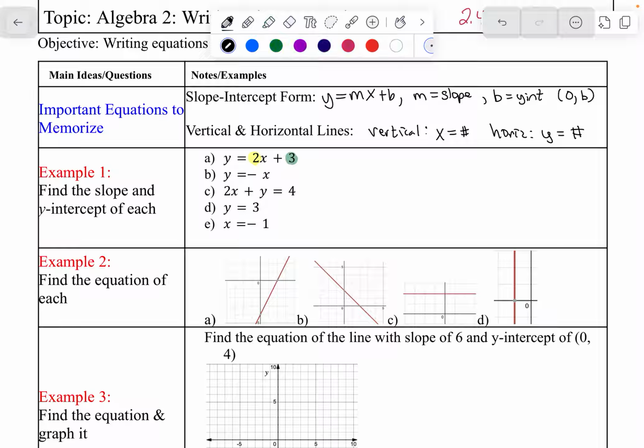And so if we compare that with y equals mx plus b, put that in a little box here, you can see the m is 2 and the b is 3. So all you got to do is tell me that the slope is 2 and the y-intercept, now here's where I want you to give me the point (0, 3). Okay.